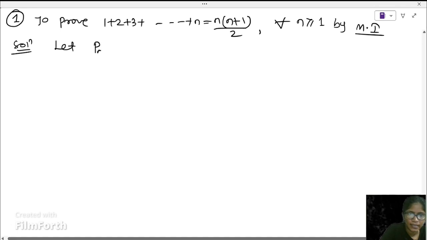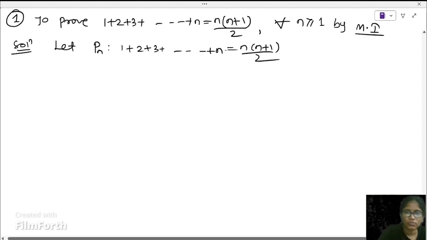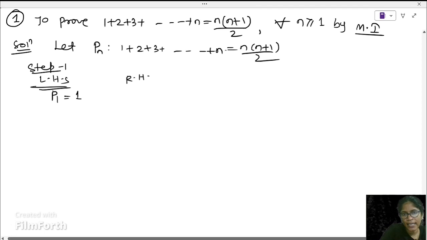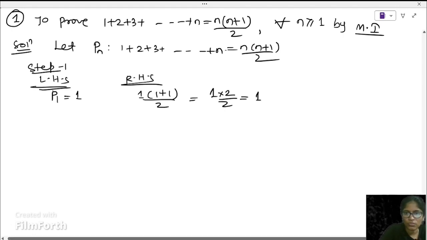Let Pn, taking the question as a statement, be 1 plus 2 plus 3 plus up to n is equal to n into n plus 1 by 2. By step 1, we have to prove P1 is true. Left hand side of P1: for n is equal to 1, there is 1 value which equals 1. Right hand side is equal to 1 into 1 plus 1 by 2, which equals 1 into 2 by 2, which also equals 1.